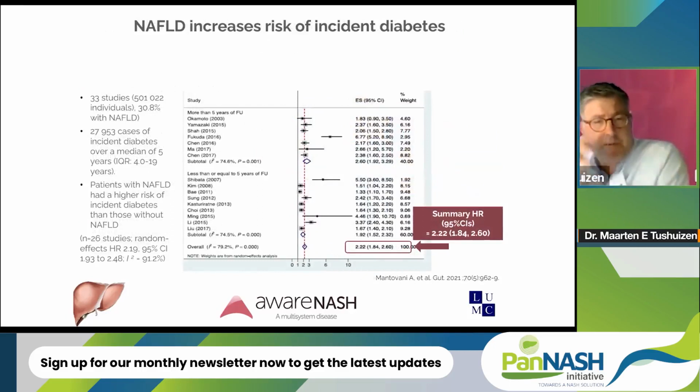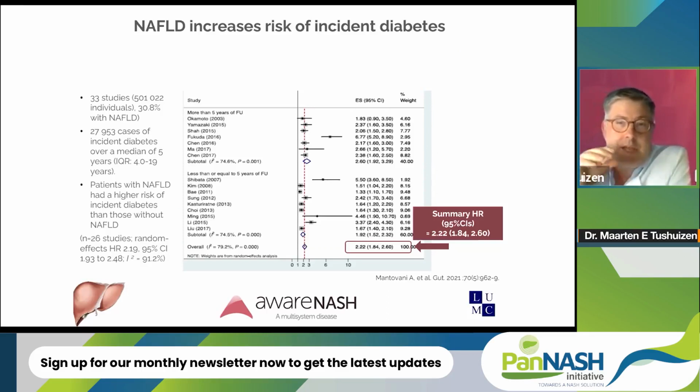Not only do individuals with type 2 diabetes have a greater risk of developing NAFLD, follow-up studies have shown that NAFLD is also associated with an increased risk of incident diabetes. A meta-analysis performed by Mantovani showed that the magnitude of the association between NAFLD and risk of incident diabetes is very high.